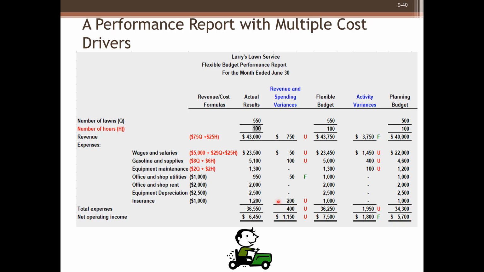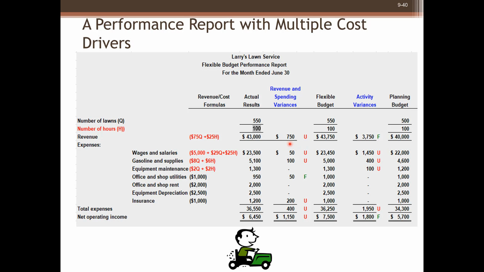For actual results, follow the actual number of lawns mowed, 550, and actual number of hours spent on edging and trimming, 100 hours. The differences between flexible budget and actual results are revenue and spending variances.